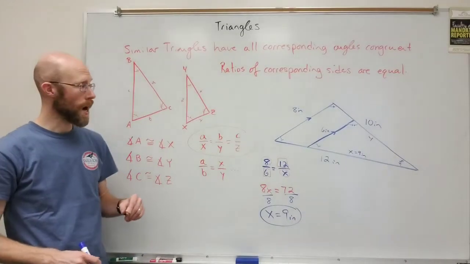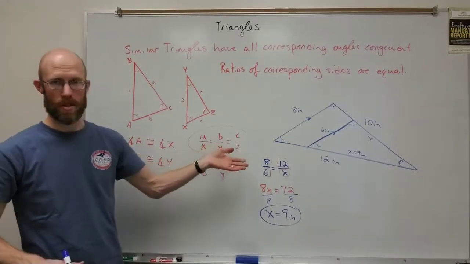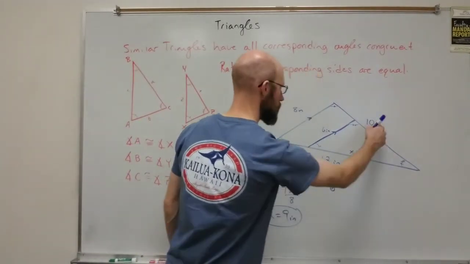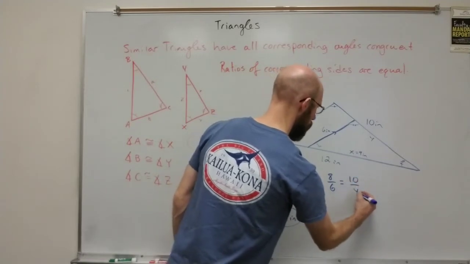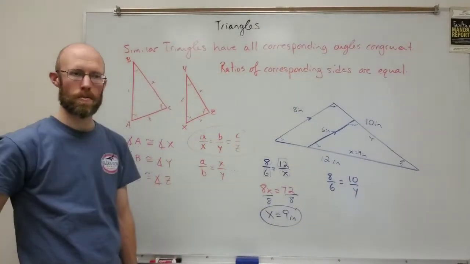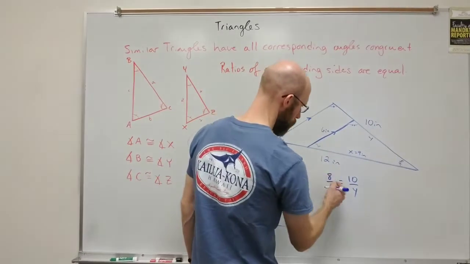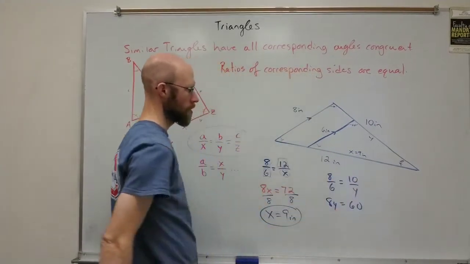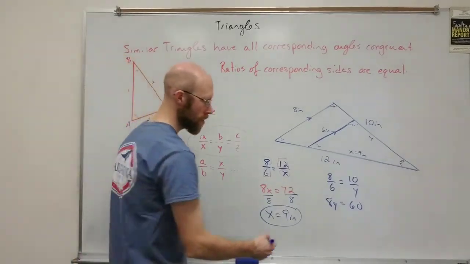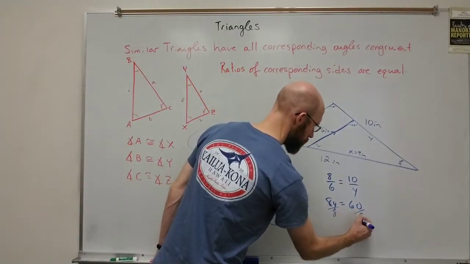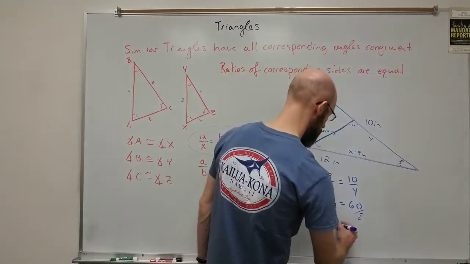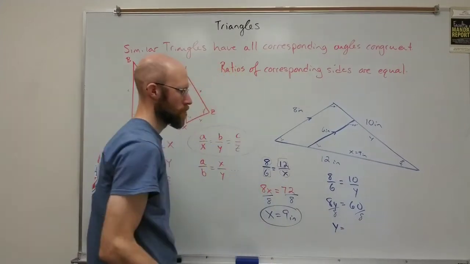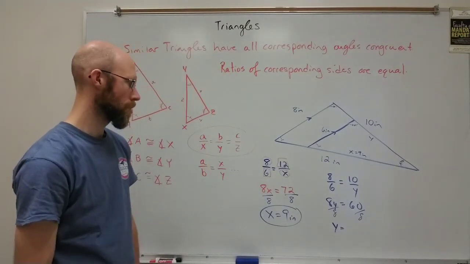The other one, the y, is found by doing a similar proportion. You have the 8/6 equal to 10 over y, and then you cross multiply once again. So we have 8y is equal to 60, right? 6 times 10. And then you divide out the 8. Divide by 8, and y is going to be 60 over 8, which is the same as 30 over 4.